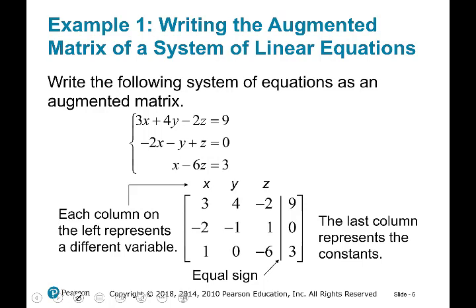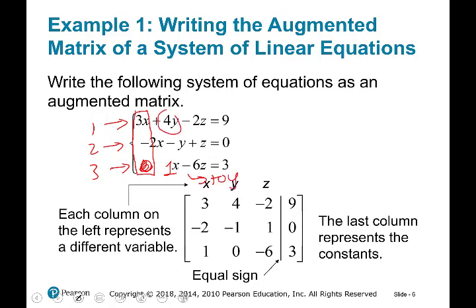Here we have the same thing, a 3 by 4 system, so we have 1, 2, and 3 equations. Again, the coefficients for the x go here. Here we have a 1 for the x. For the y, this is plus 0y.